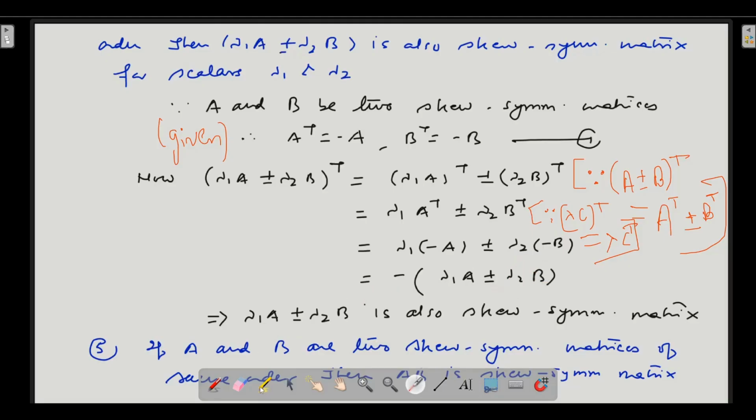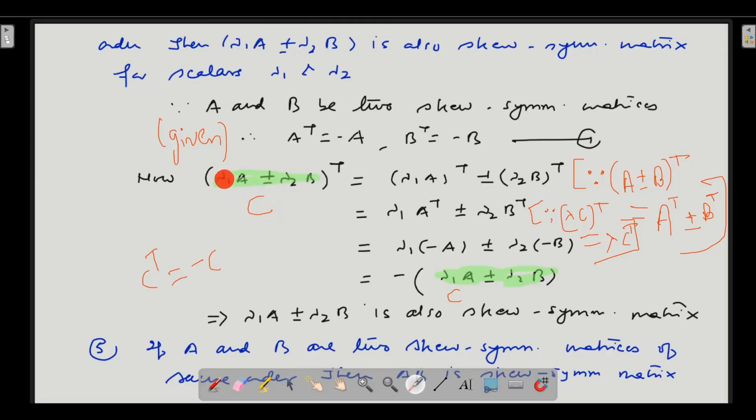Now have a look at this expression. Let us assume that this complete expression is a matrix C. Clearly C transpose is coming out to be equal to minus C. Therefore C is skew-symmetric, as C transpose is equal to minus C. Similarly, in place of C we can write this expression.